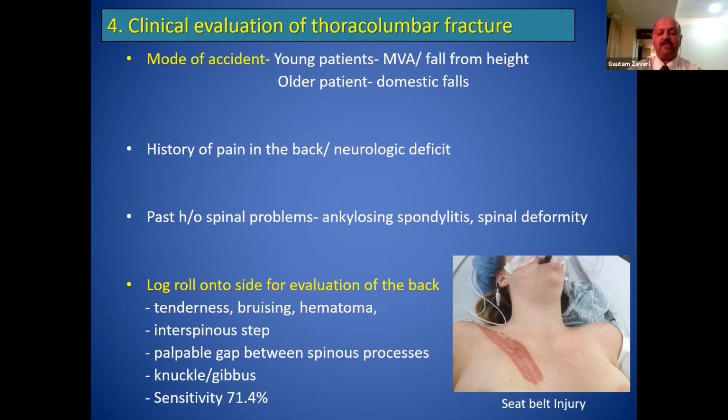Older patients, on the other hand, develop thoracolumbar fractures more following a domestic fall. Patients usually will give you a history of pain in the back or history of weakness or numbness in the lower extremities and inability to move them. It is vital at this point to try and understand whether there were any similar spinal problems in the past.